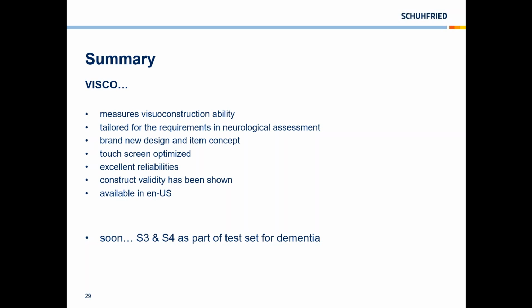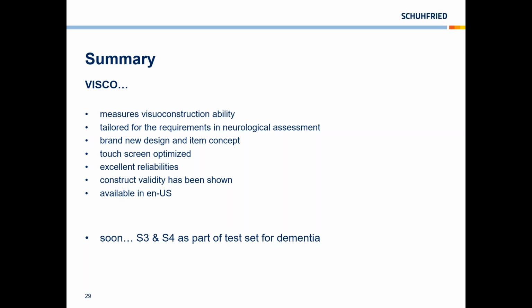So we have high construct validity here too, and it's already available in English and German, of course. But more languages might follow. If you're interested, we can talk about everything. And at the moment you've got two test forms, the S1 and the S2, which are parallel forms. And in the future you will have S3 and S4 as part of the test set dementia.